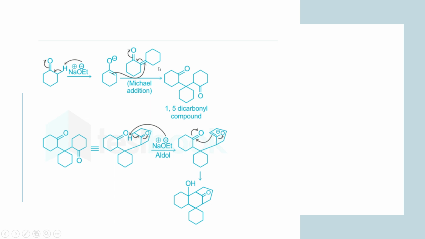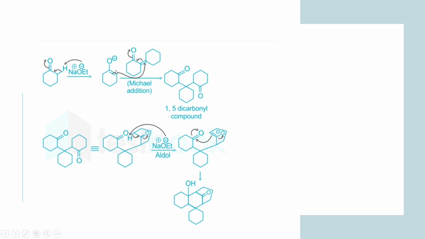Now this molecule is going to undergo Michael addition with the third molecule of cyclohexanone. How is it going to happen? The base will abstract the alpha proton to give you the enolate, and this enolate is going to undergo Michael addition like we said. This center is an alkyl vinyl ketone, isn't it?